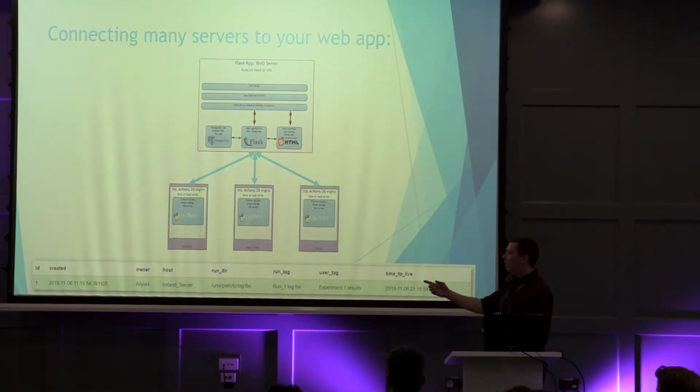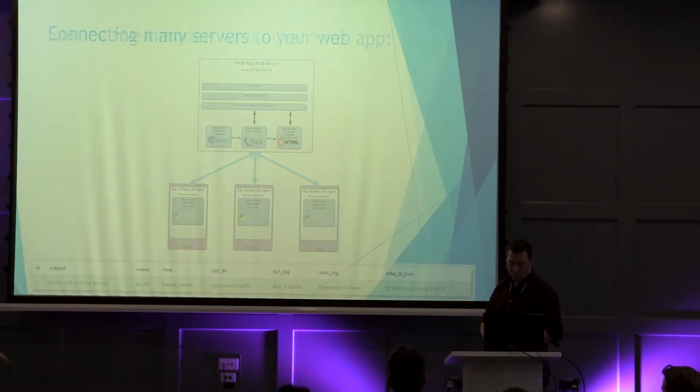So you can see here, Allyn Hunt on the Ireland server: I want to parse this log file, and I've given it some unique names like run1 log file and experiment1 results. So a cron job runs on the Ireland server and it reads all of the jobs in the job queue and says, okay, hang on a sec, I've got a specific job for the Ireland server, and then it'll go off and run that application and post all the results back into your database there.